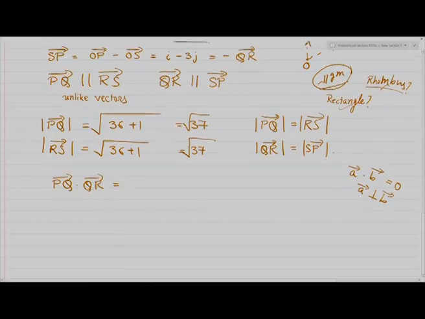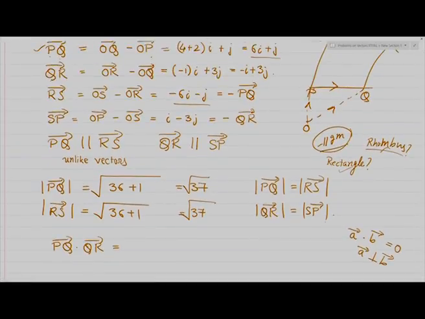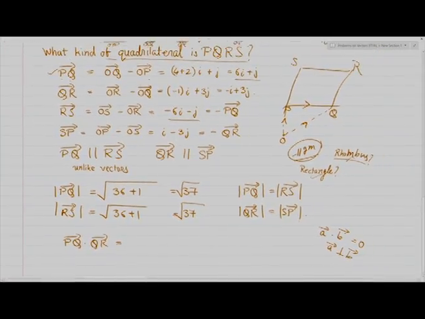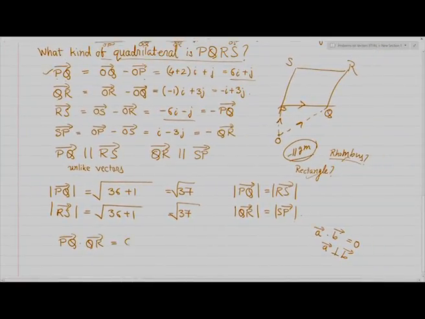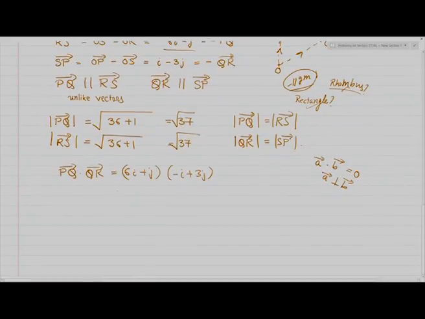So, what is PQ dot QR, that we have to see? 6i plus j, into QR, which is minus i plus 3j. In the last class or few classes before this, we have seen this component-wise multiplication, right.